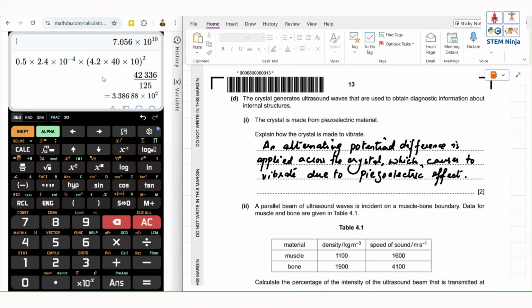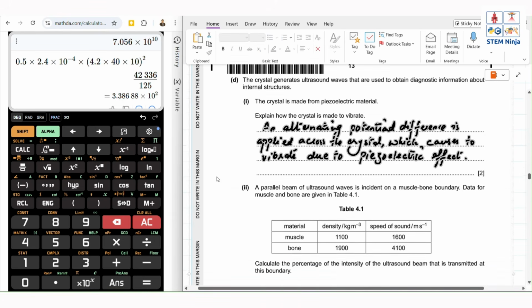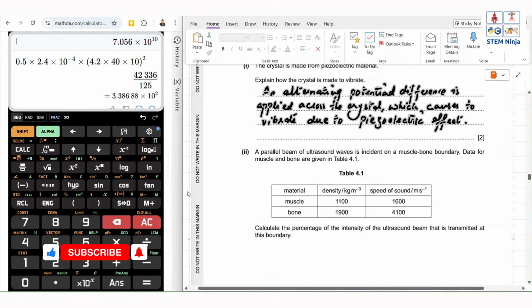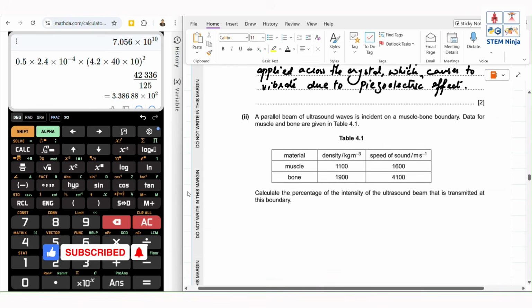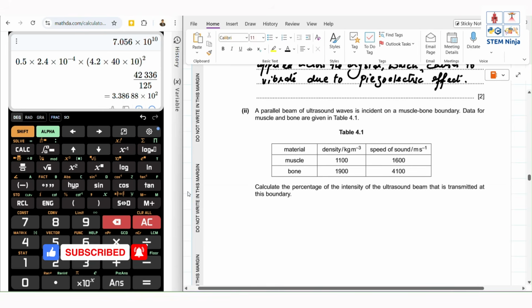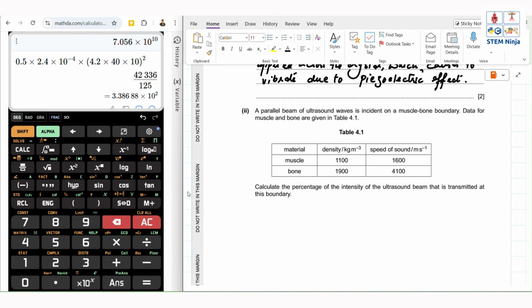That's it. Okay. A parallel beam of ultrasound waves is incident on a muscle-bone boundary. Data for the muscle and bone are given in table 4.1. Calculate the percentage of the intensity of the ultrasound beam that is transmitted at this boundary. The keyword here is transmitted, not reflected. So we first have to find the percentage reflected, and then subtract to find the transmitted. Be very careful about this.